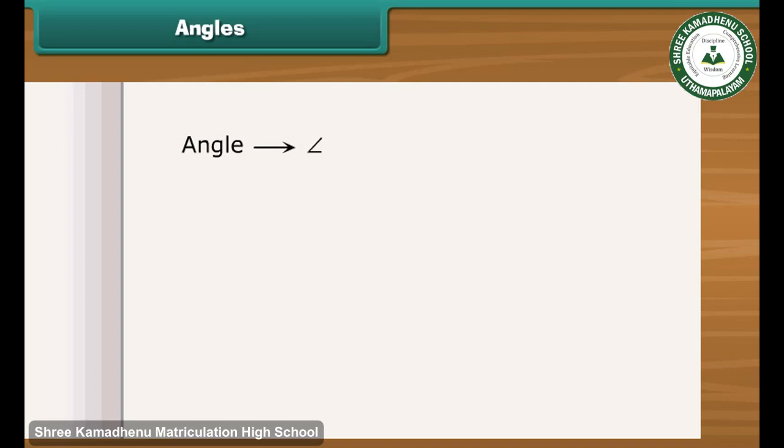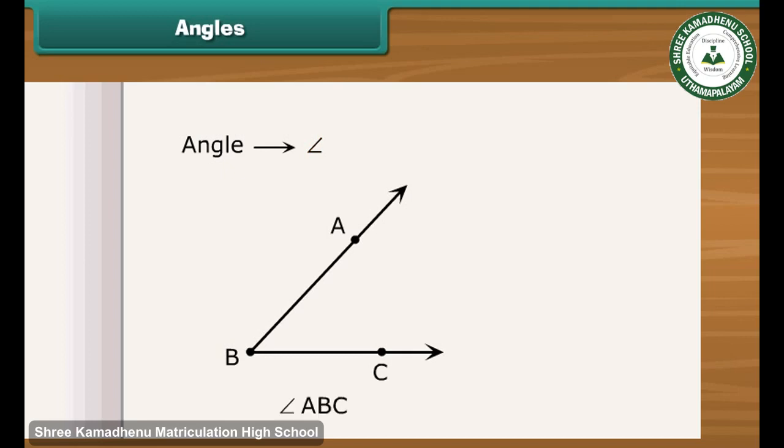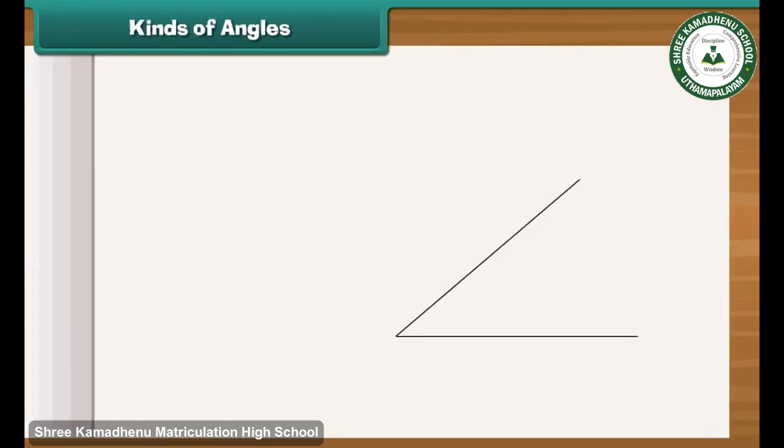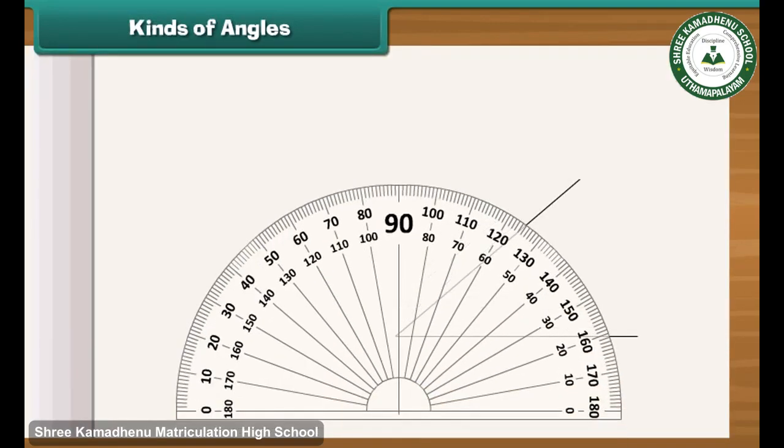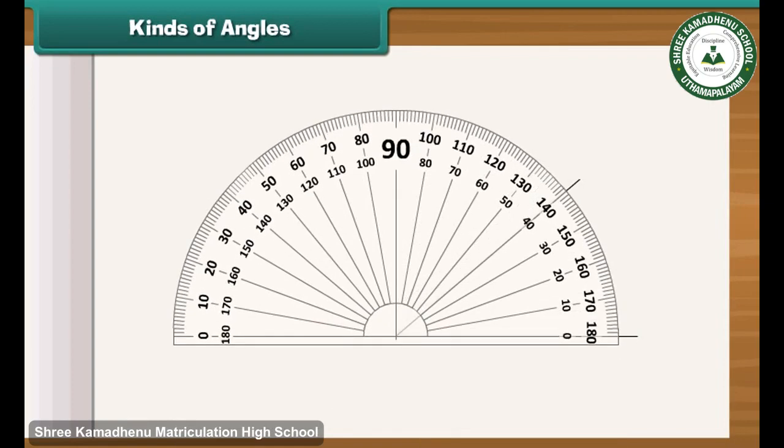This is angle ABC. It is represented as angle ABC. Here, B is a vertex. A is a point on one ray, while C is a point on another ray. An angle can be measured by using a protractor. It is also used in drawing an angle of a given measure.